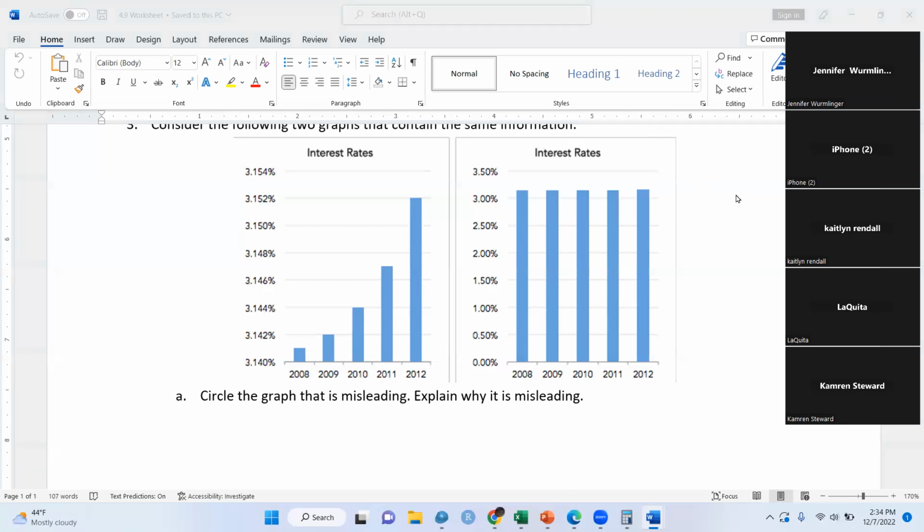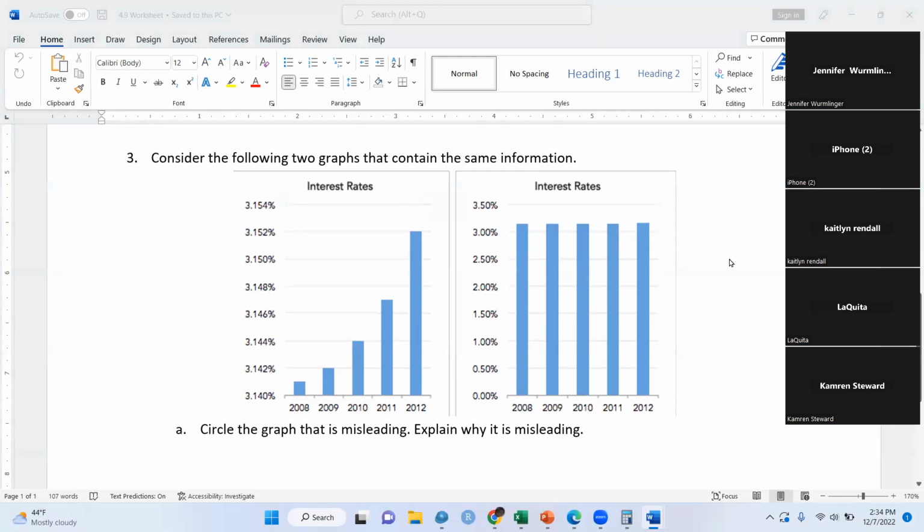Okay, y'all, which graph is misleading? Left or right? Why is the left graph misleading?